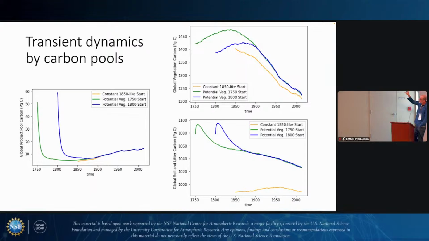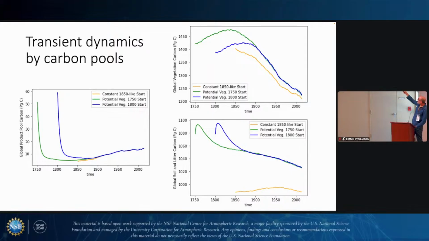So, okay, this is if you break the total global carbon into the different pools. On the left is the wood product pool, where again you get this initial huge pulse because you've just deforested a big chunk of the world in these two early start cases, versus the constant 1850 where you don't create that initial pulse, which then decays away pretty rapidly.